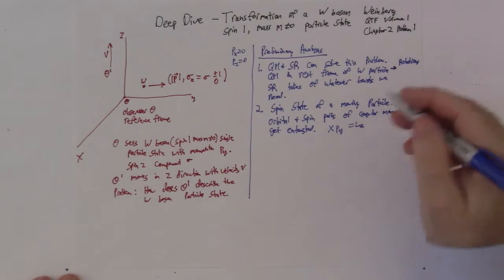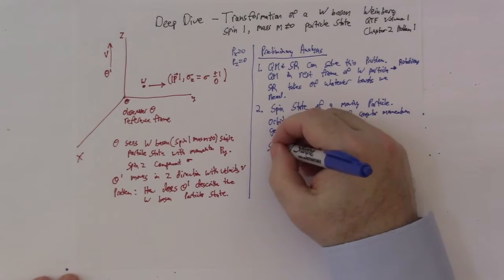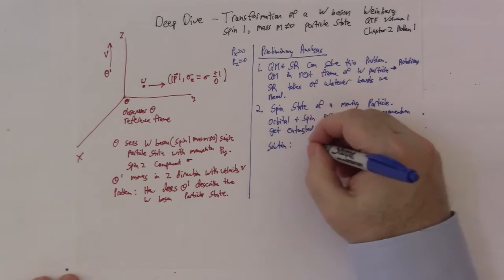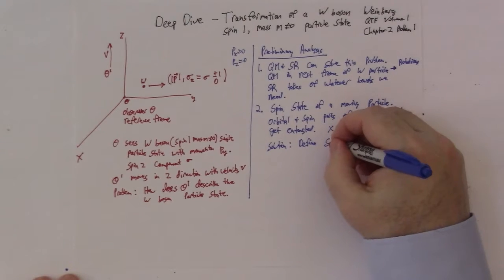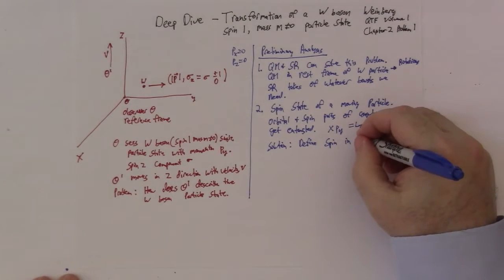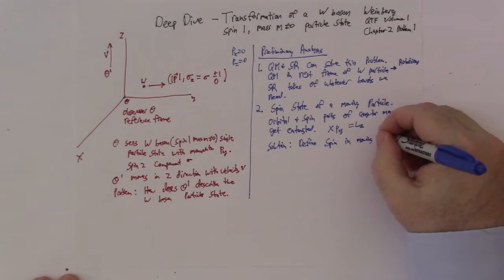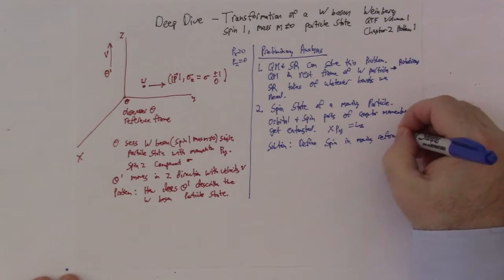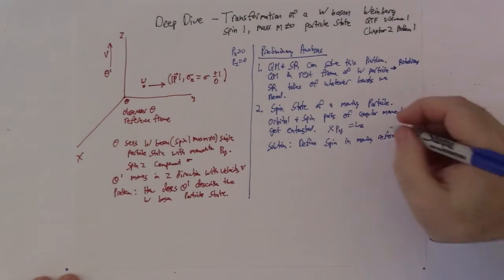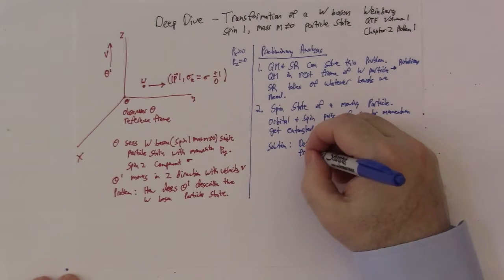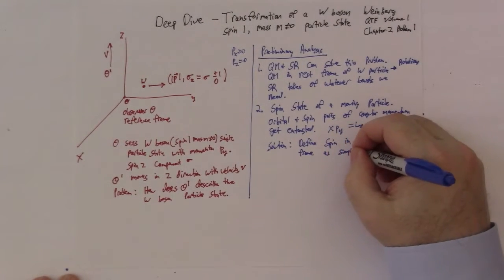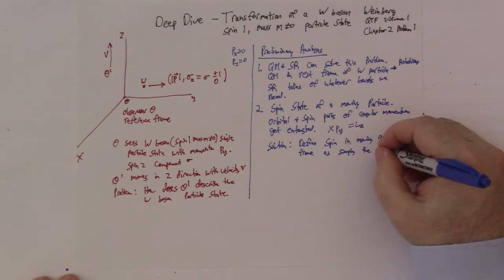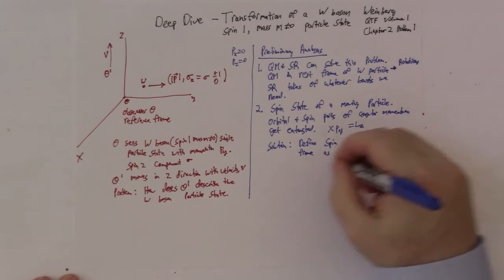So how do we solve this problem? Very easily. We define the spin in the moving reference frame as simply the spin in the particle's rest frame.